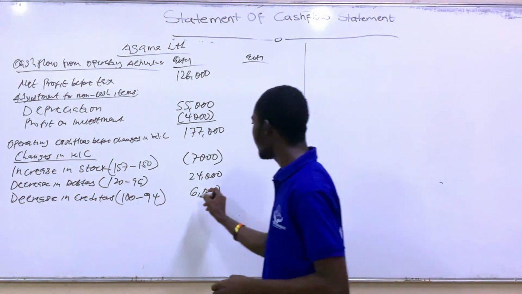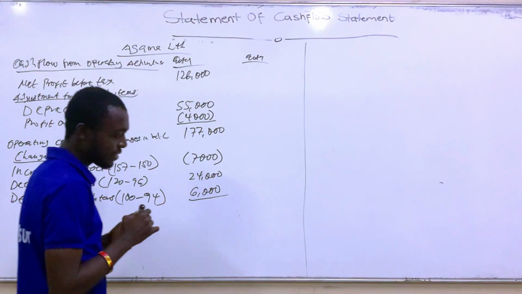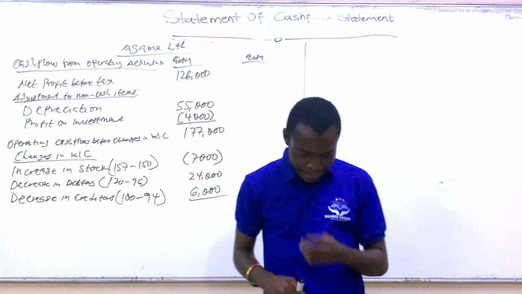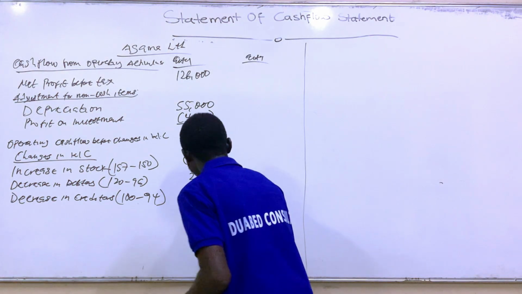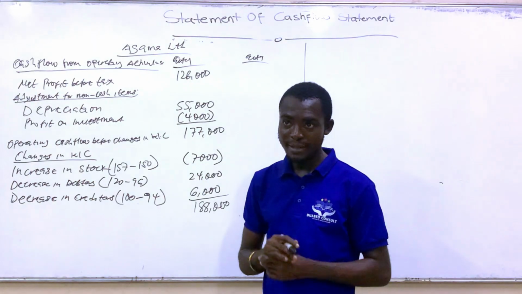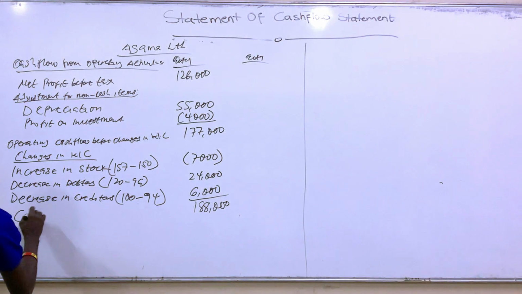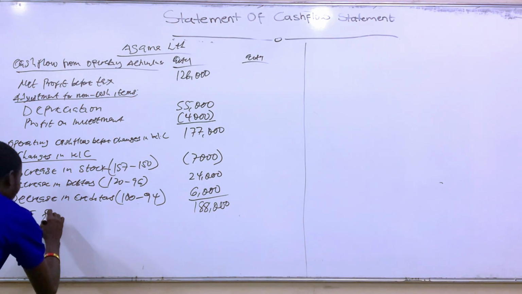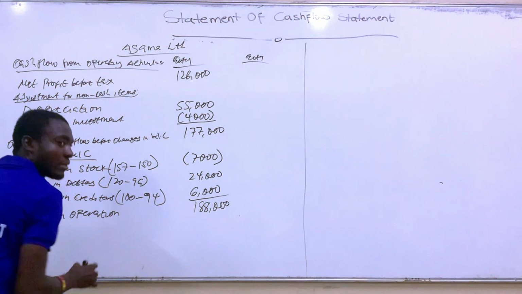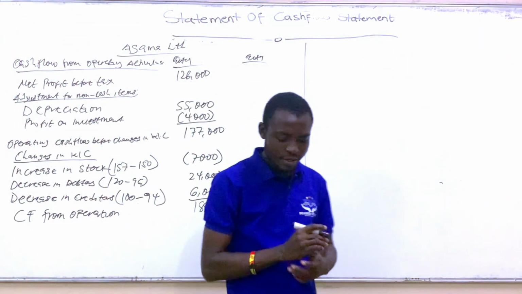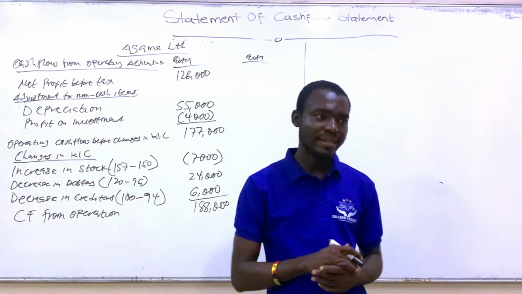We sum up the figures together with the operating cash flow before changes in working capital, and then we get 188,000. That's the cash flow from operations. After getting your cash flow from operations, you adjust for tax paid and interest paid.